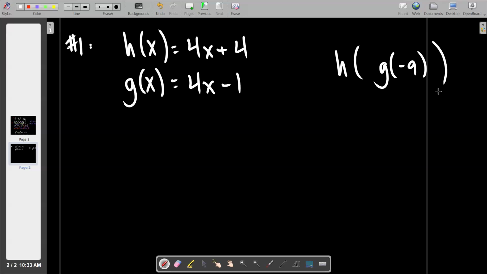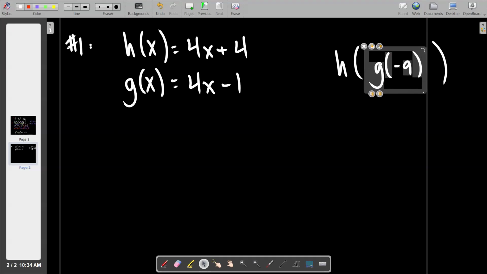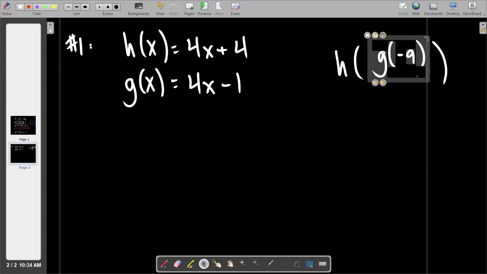Well, we take our x's and we put the negative 9 in the x. So there's a step before that. What I need you to see is that this portion, I'm going to grab it and move it around. This is your first problem. I need you to do this somehow with a pencil, or maybe you erase it from here.